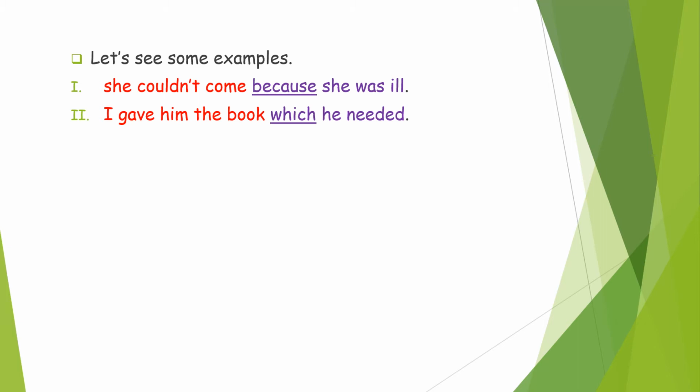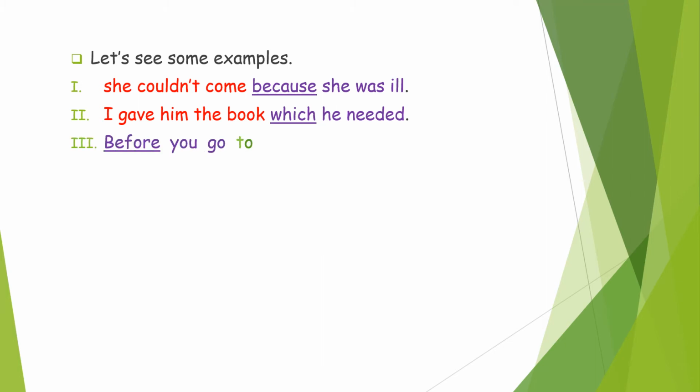But when I read the second part, which he needed, the question arises in the mind, what did he need? The answer is the book. So which is the connecting or linking word between these two sentences. The subordinate clause has to depend on the independent clause.